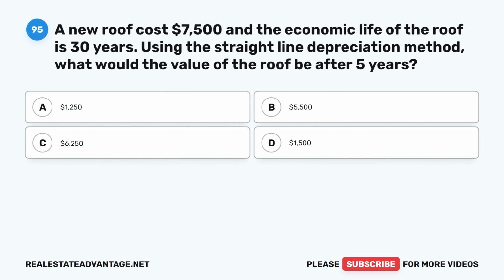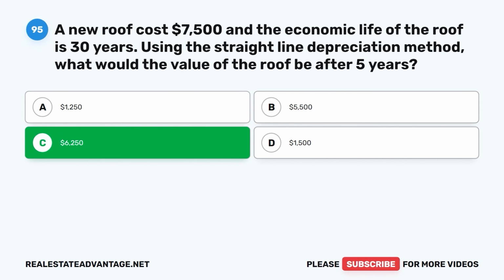Question 95. A new roof costs $7,500 and the economic life of the roof is 30 years. Using the straight-line depreciation method, what would the value of the roof be after 5 years? A. $1,250. B. $5,500. C. $6,250. D. $1,500.